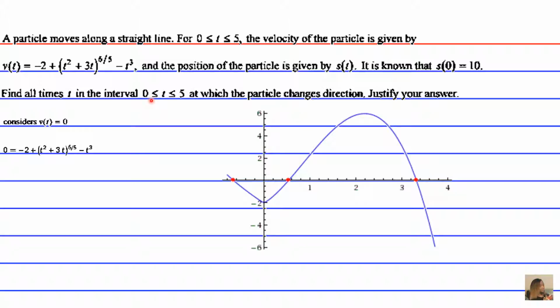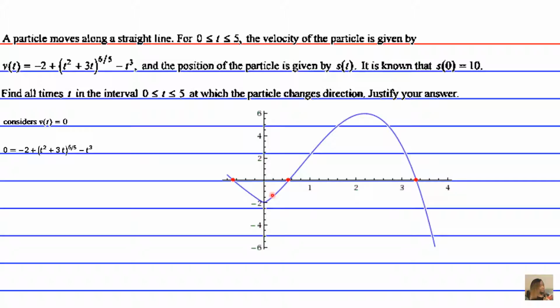But we're only concerned with the closed interval between 0 and 5. 5 isn't shown here because there's nothing beyond. There are no more 0 values beyond 4, okay? I'm trying to cut down on pixels. I'm sorry about that. Okay, so here we see that we have 2 answers.